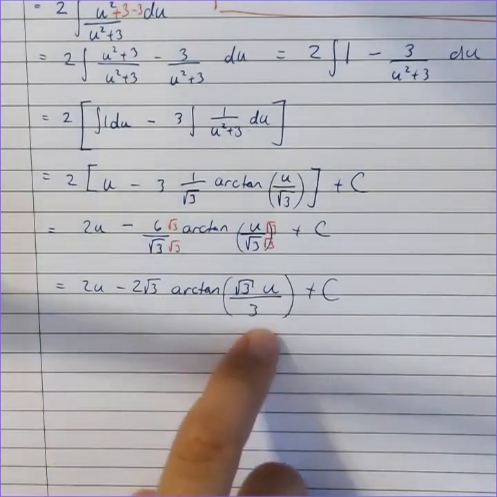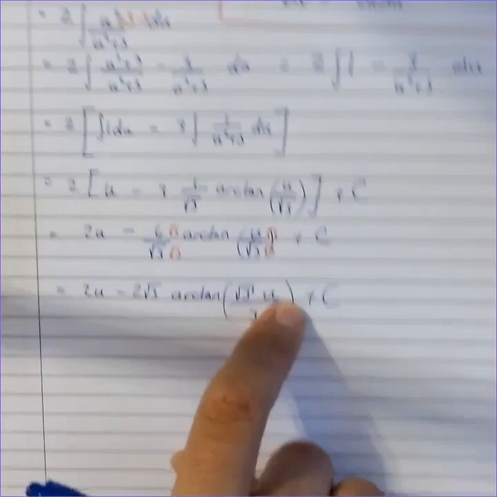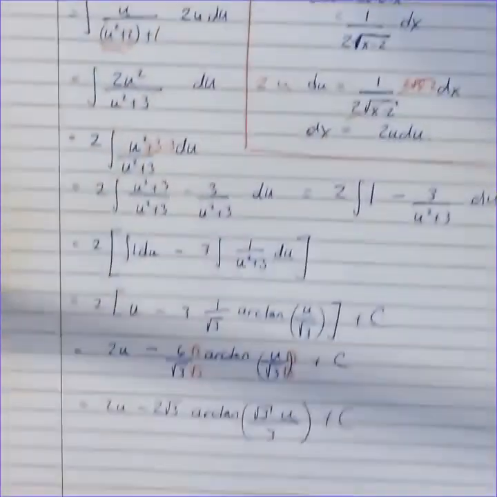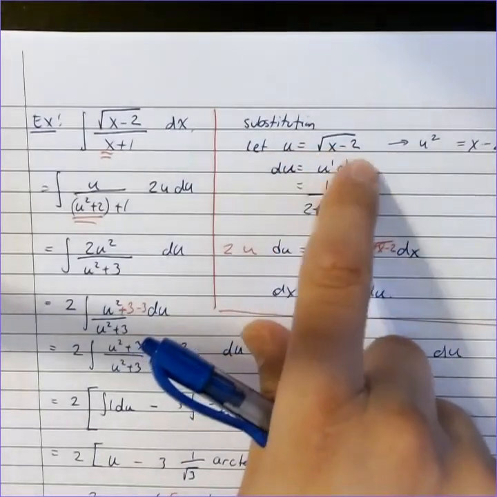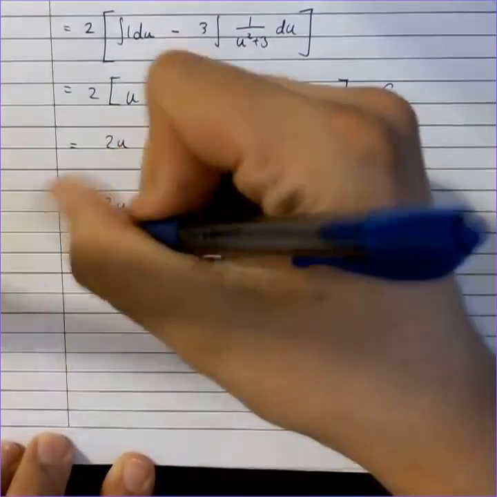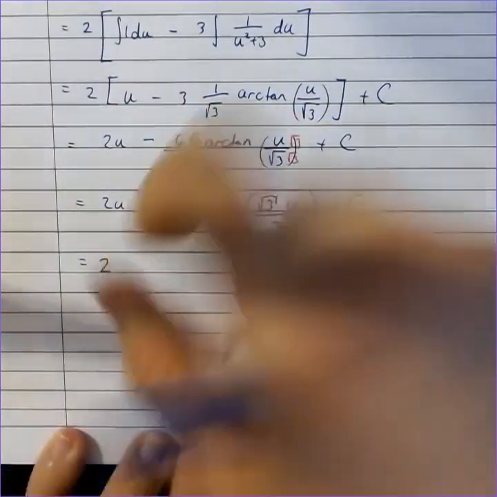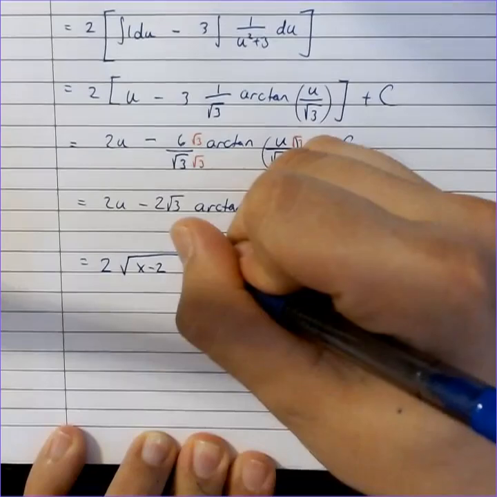And finally, we're almost done. Note that u is not the variable that we started with. Our original function was in terms of x. Well, yeah, but u is just a stand-in. u really means the square root of x minus 2. So we can plug that back in. That's going to be 2 times, instead of u, the square root of x minus 2.